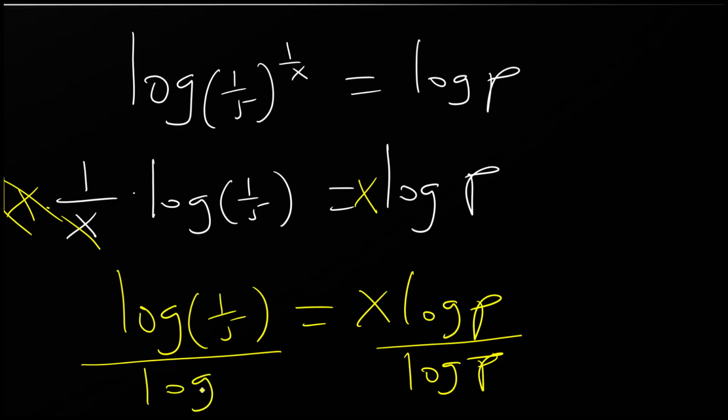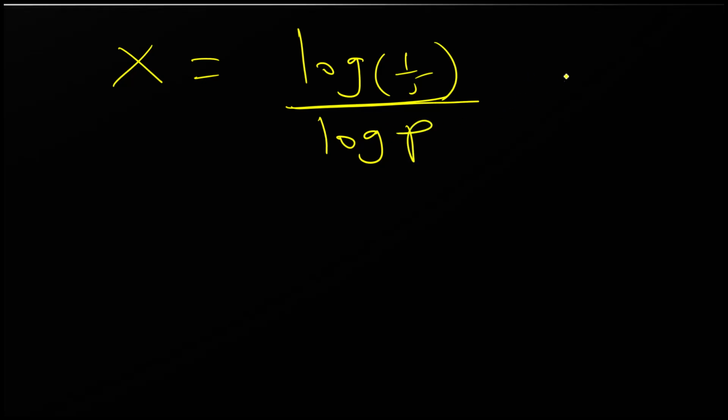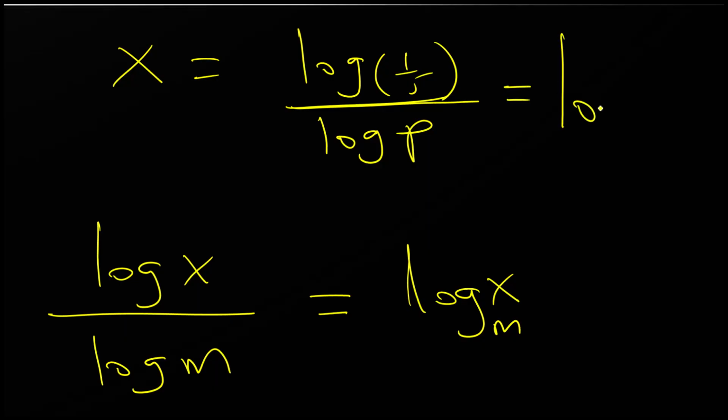So we have x equals log 1 on 5 on log p. Now when you have log x on log m, it is the same as log x to base m. So we can say log 1 on 5 to base p.